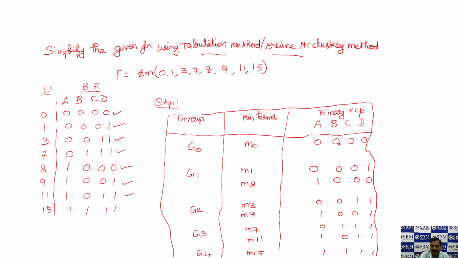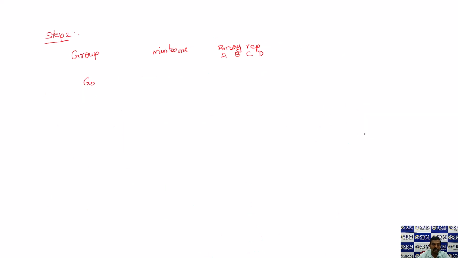Look at the first group, G0, 0 0 0 0. Then in group G1, the first minterm M1 is 0 0 0 1. So the first bit A is same, B is same, C is same, only D varies. So hence in step 2, we are going to write what minterms we are using.